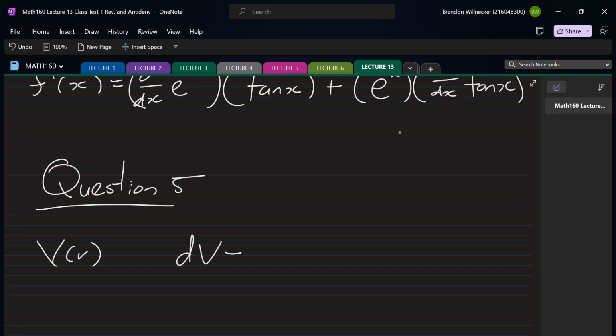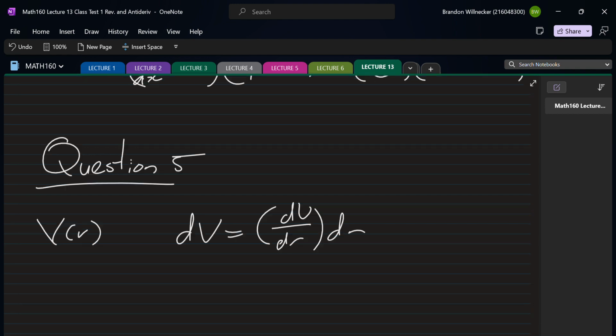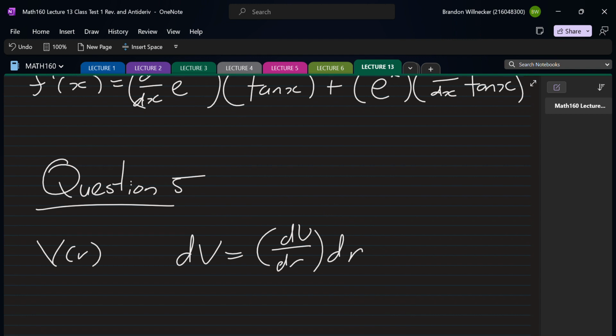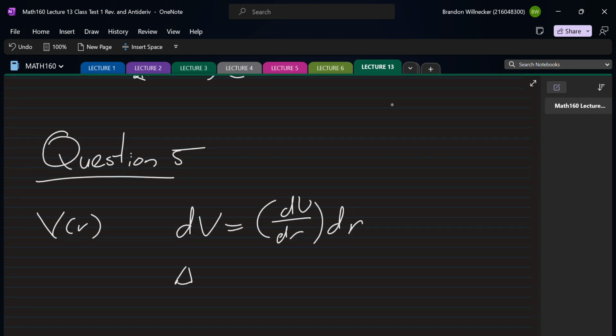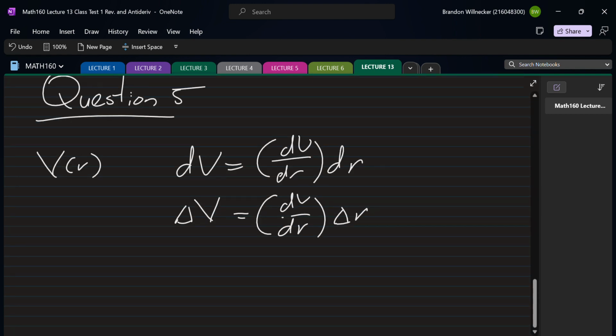So it's going to be dv is equal to dv by dr dr. And then we approximate this by our delta v. So from an infinitesimal dv to some finite delta v, dv by dr delta r. Many students did get that.